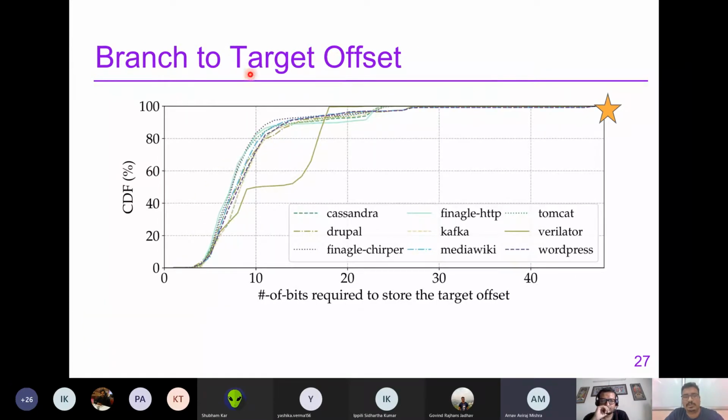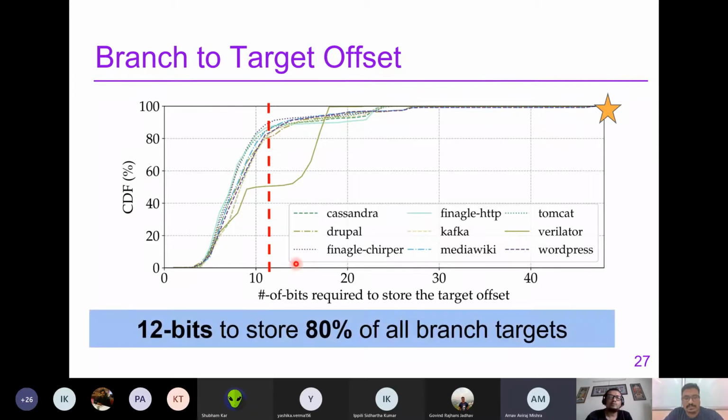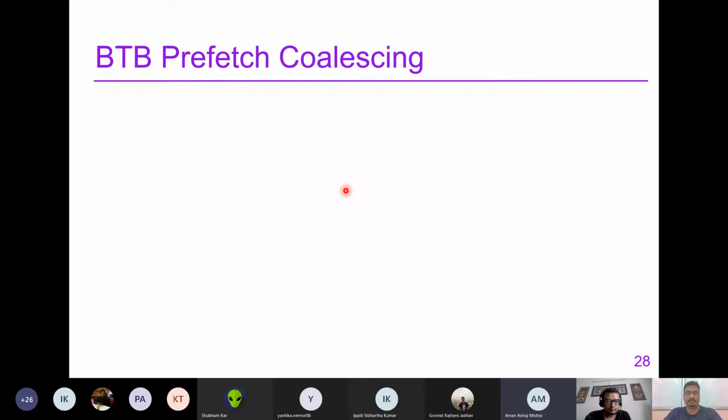Similarly, for branch to target offsets, we also need 12 bits to store 80% of all of the branch targets for most of the applications, except for one application which has a little bit more branches with higher offset.